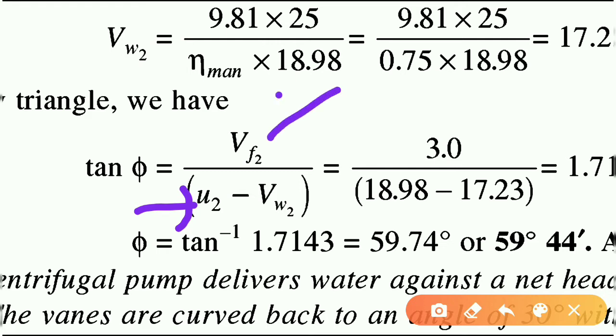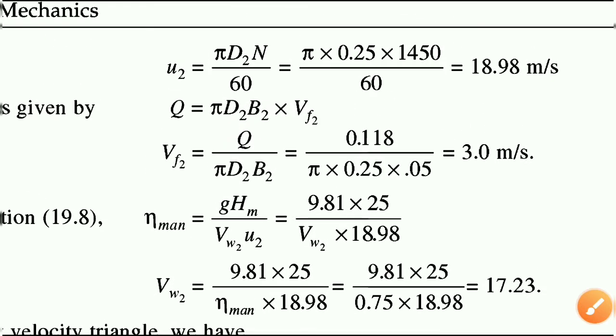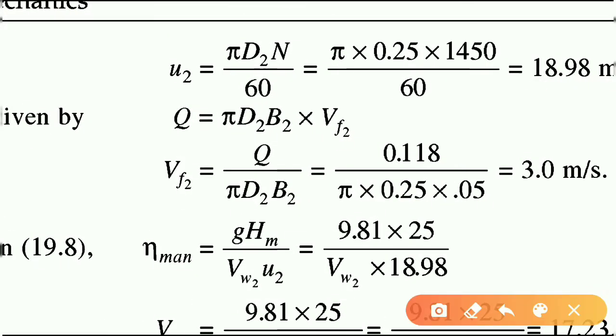Now we need to know the values Vf2 and Vw2. If we find out these two values, then we can solve this equation. So firstly, what is this Vf2? This Vf2 is the velocity of flow at the outlet. We have given in the example capital Q, which is the discharge through this impeller at the outlet. So discharge at the outlet can also be written as Q is equal to pi D2 B2 multiplied by Vf2.